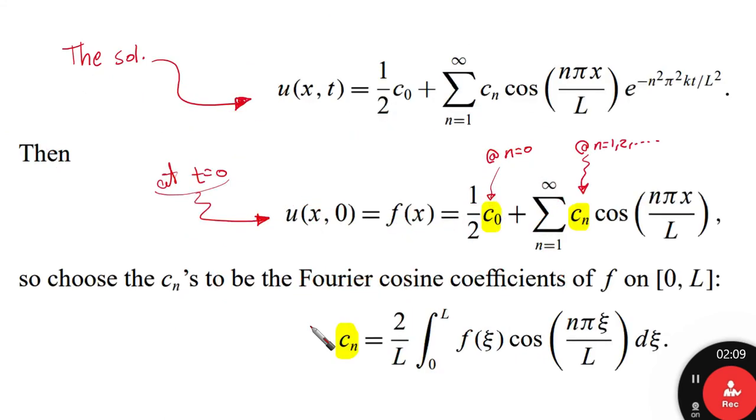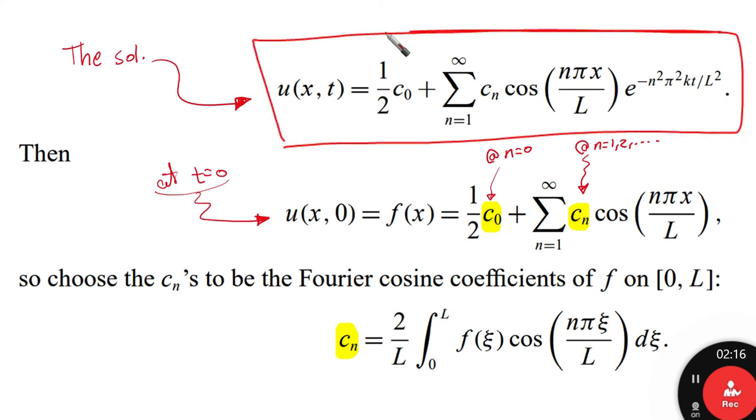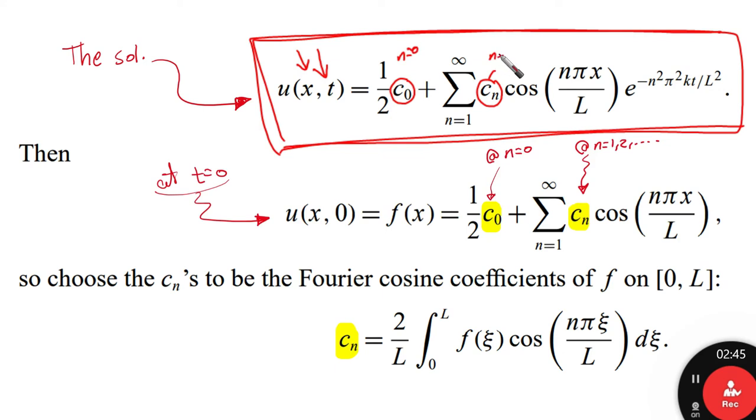We can solve it easily, and after some simple derivation you can find that u of x and t, at any point x at any time t, equals half C naught, which is a coefficient here, plus the summation from n equal to 1 to infinity of Cn, another coefficient, cosine n pi x over L times the exponential function e raised to the power minus n squared pi squared kt over L squared. Okay, so this is when n equal to 0, and this is when n equal to 1, 2, 3, and so on. This is the solution.